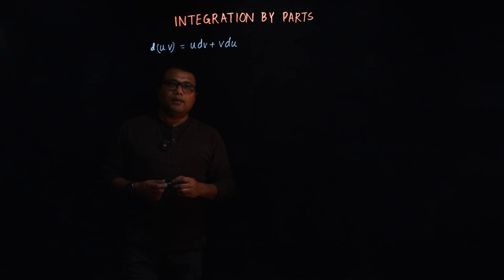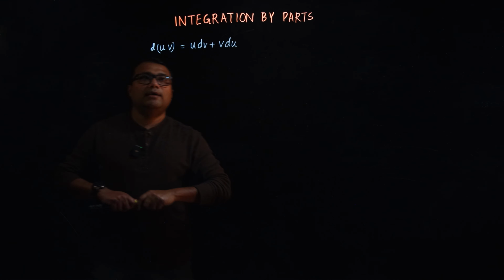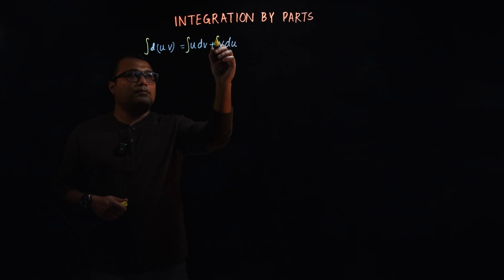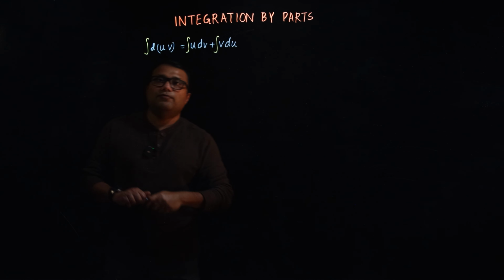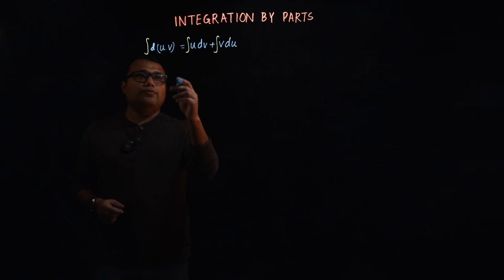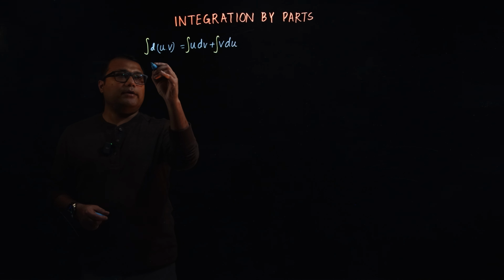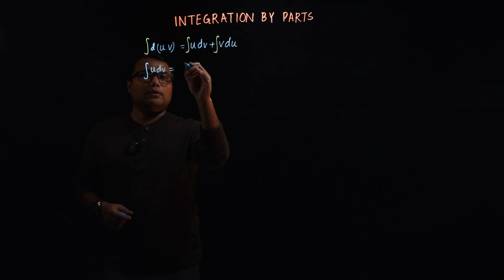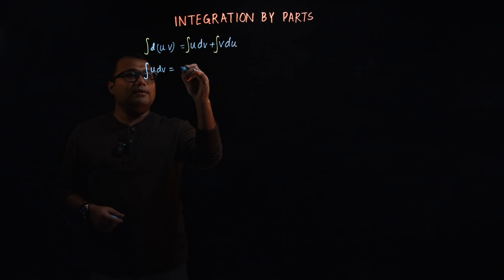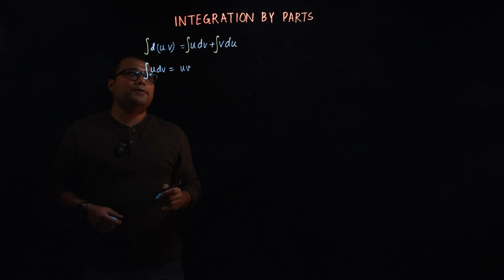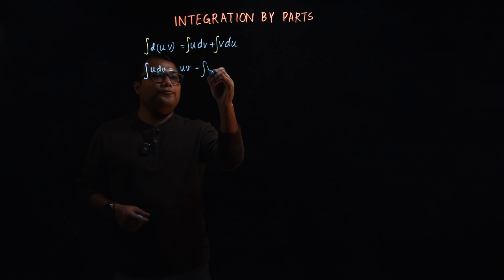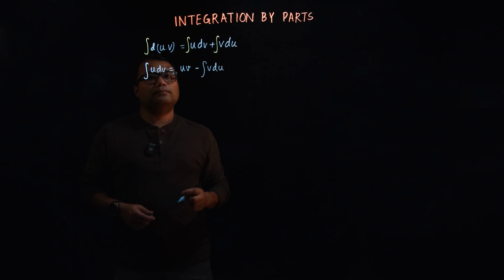Now let us integrate both sides. When we integrate both sides, we can do some rearrangement and write integral u dv is equal to uv minus integral v du.